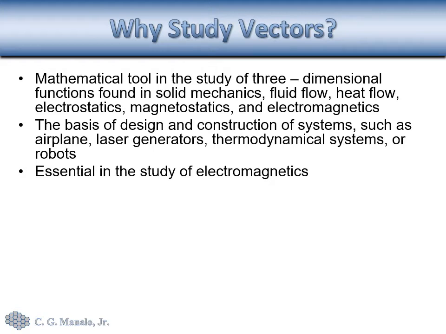So these are quantities that have both magnitude and direction. And these quantities are usually found in the fields of solid mechanics, fluid flow, heat flow, and other fields in engineering.